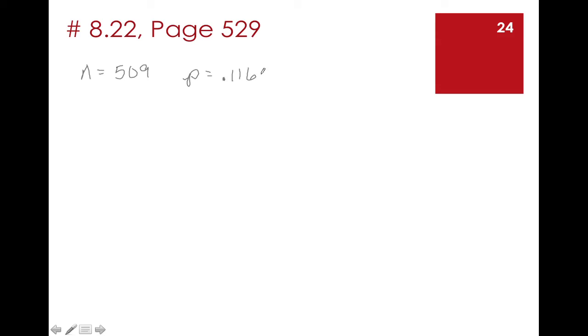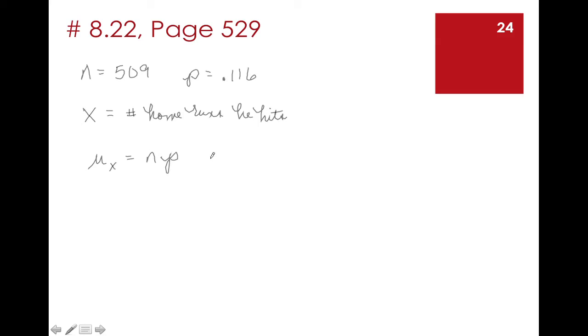So we want what is the mean number of home runs that he would hit in 509 times at bat. All right, so we have to define our random variable, assuming we call it x. So that would be how many home runs he hits. All right, and we're trying to find the mean of that random variable.